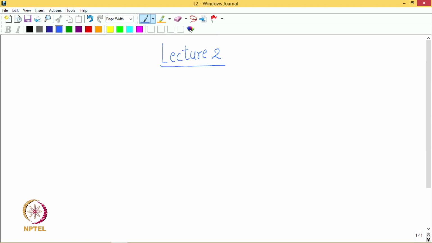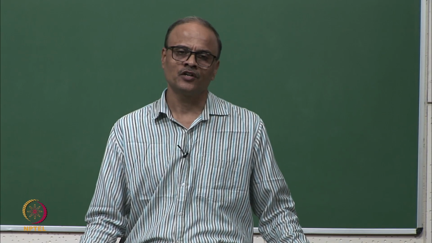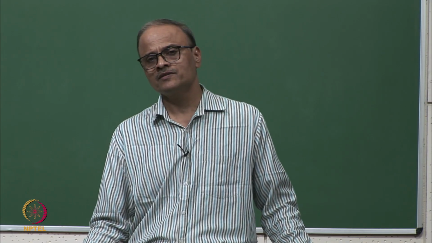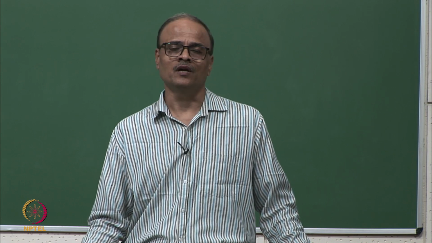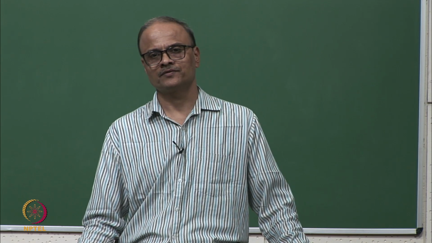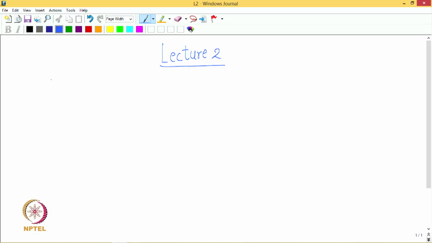So, in this lecture we will continue with some more discussion on the introduction and background of experimental model analysis, and then we will talk about the lump parameter models of vibratory systems. So, there are two approaches to model analysis.